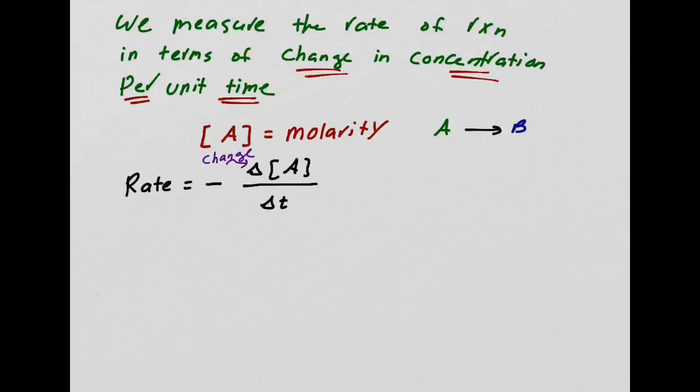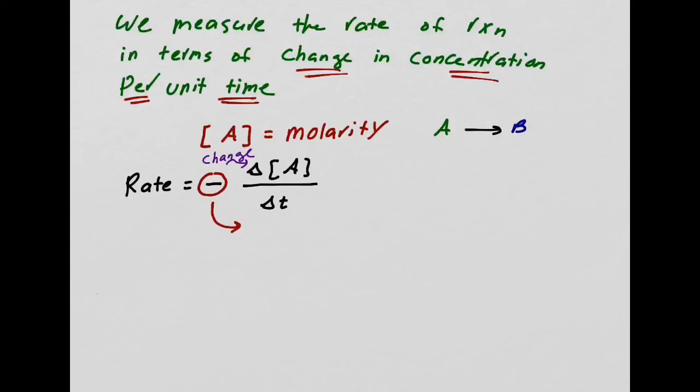So change in concentration of A over change in time. Now the last thing to talk about is, what is going on here? Why is this minus? Now remember, we said we can look at the concentration of A disappearing or the concentration of B appearing, forming, right?